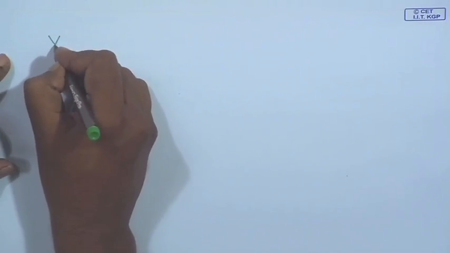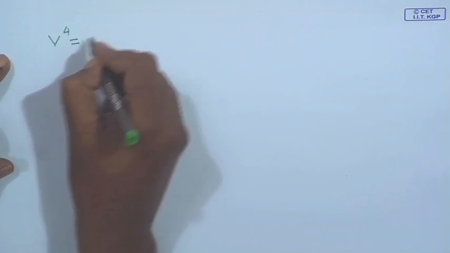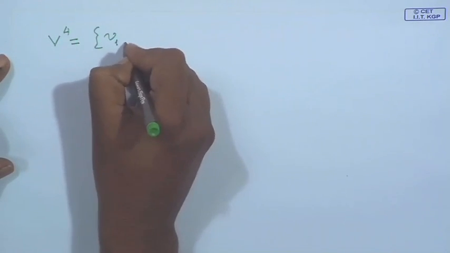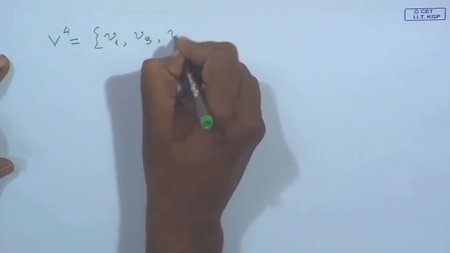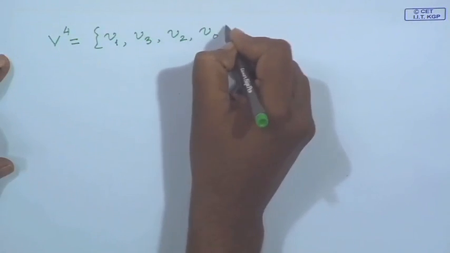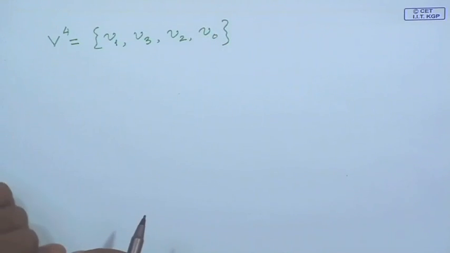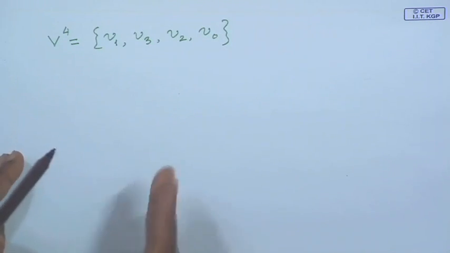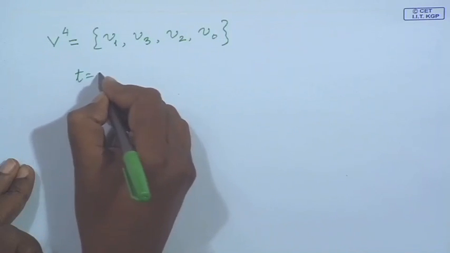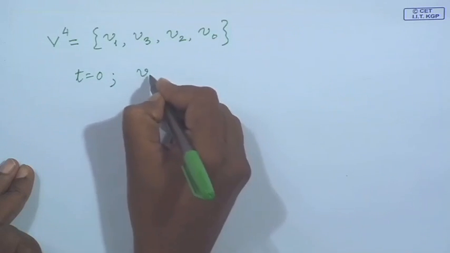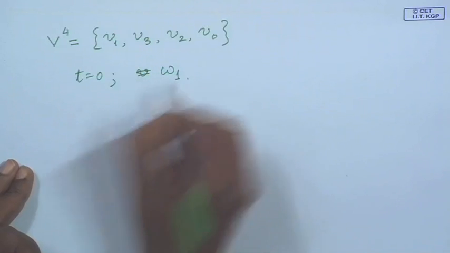Say we have a sequence of 4 visible states V4, which is given by V1, V3, V2 and V0. Okay. And as we said that we have to have an initial state, we assume that at t equal to 0, the machine is in one of the hidden states. So, I assume that at t equal to 0, the machine is in state omega 1.